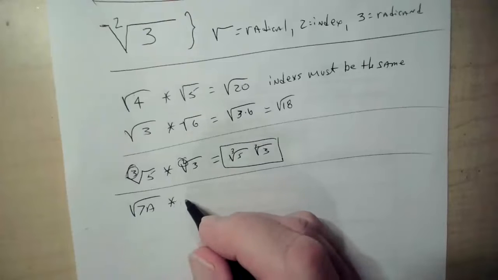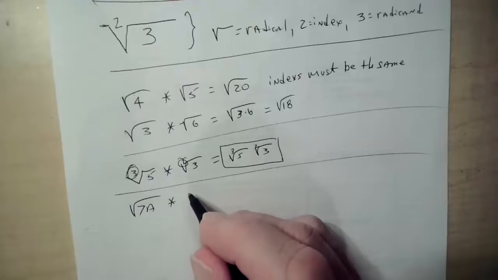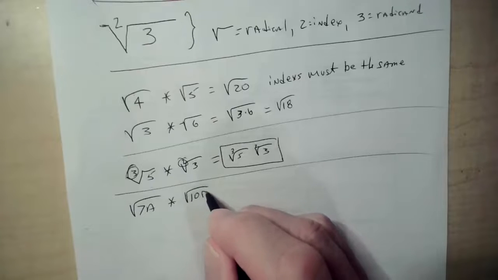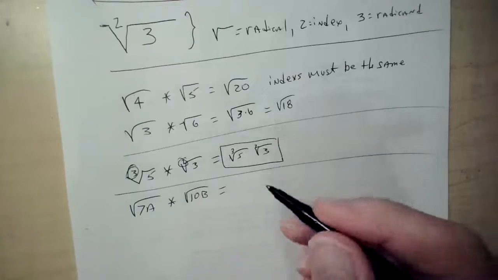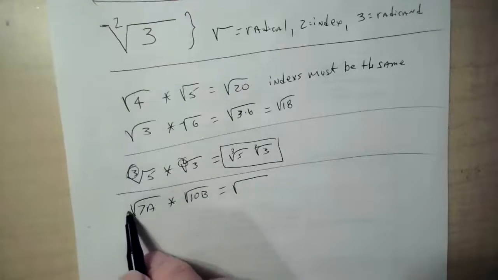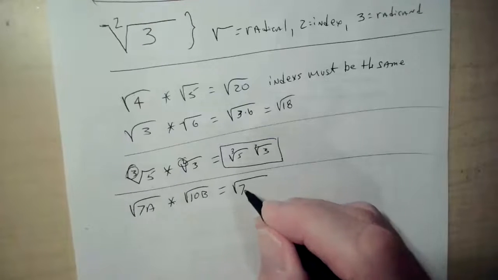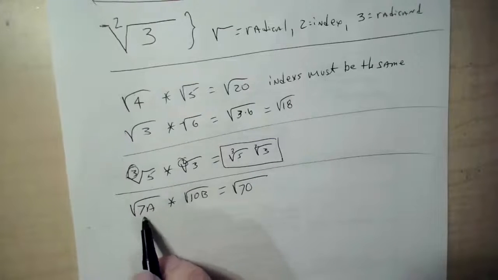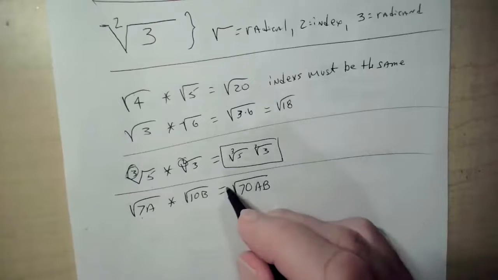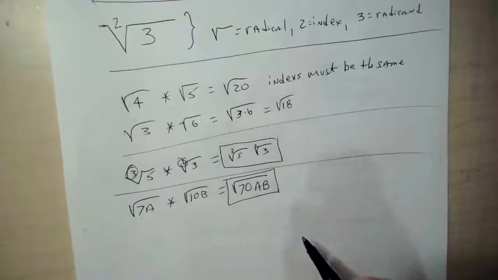Okay, so if we have the square root of 7a times the square root of 10b, this equals the square root of, now the indices are the same, so we can multiply what we can multiply. 7 times 10 is 70ab.